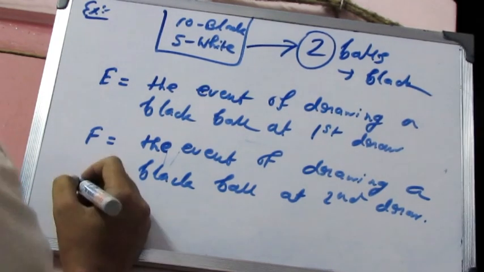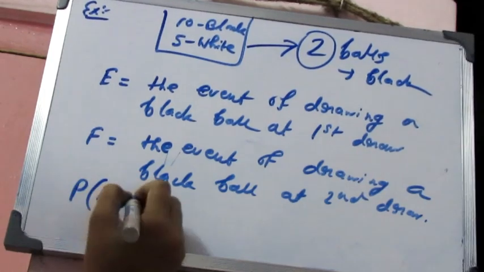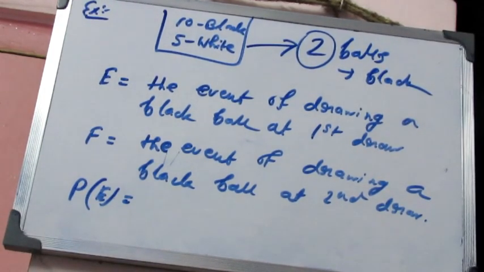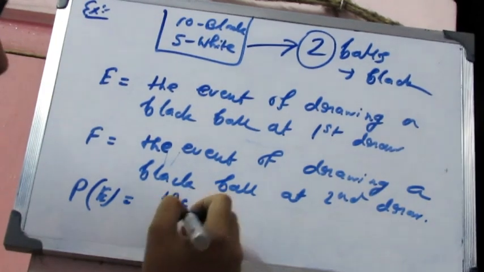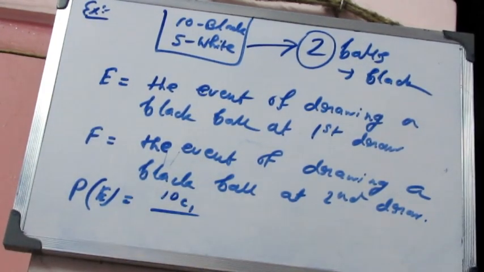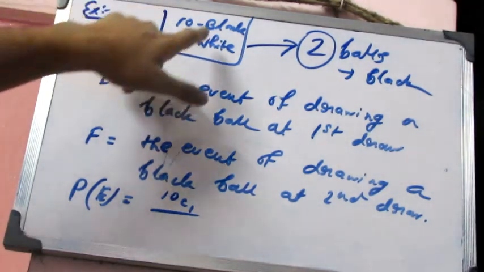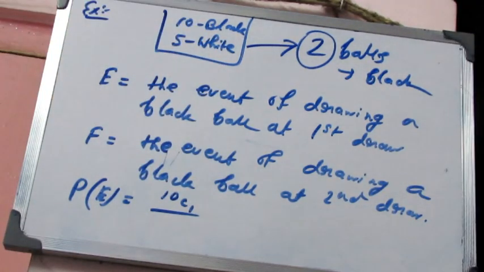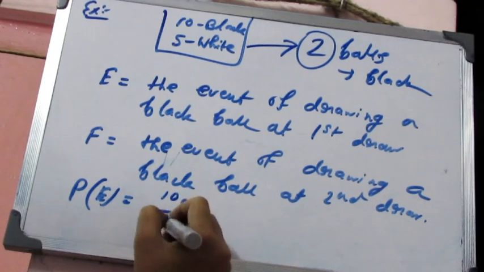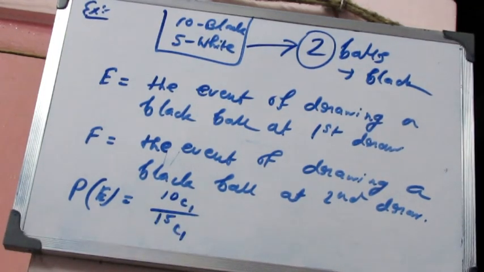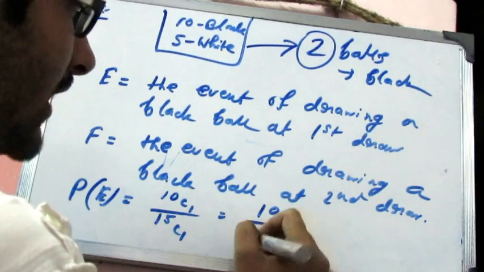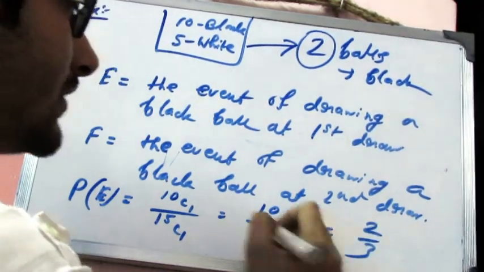Now it is clear that P of E is equal to, there are 10 black balls in the urn. So we have to choose one black ball from 10 black balls. So it will be 10 C1 divided by 15 C1, because we choose one ball from a total of 15 balls, which becomes 10 by 15 equal to 2 by 3.